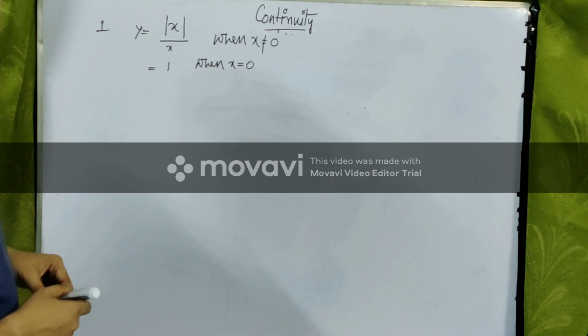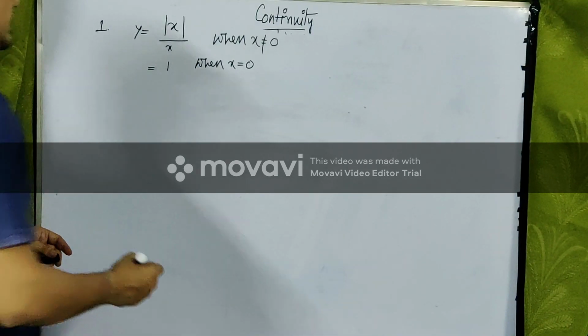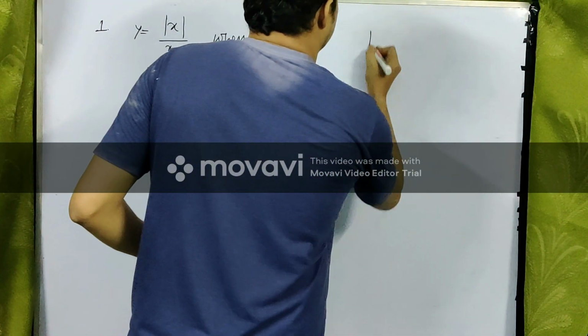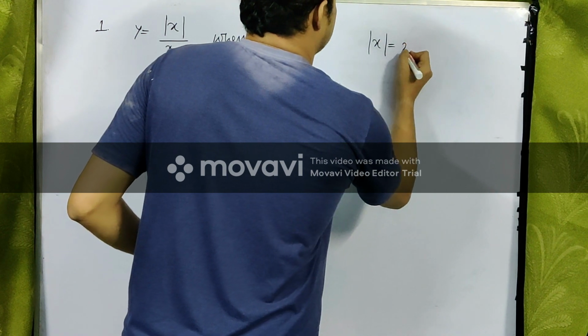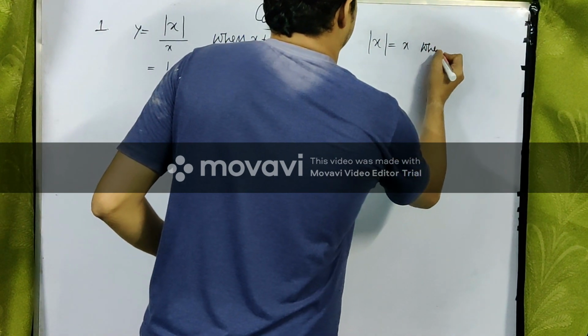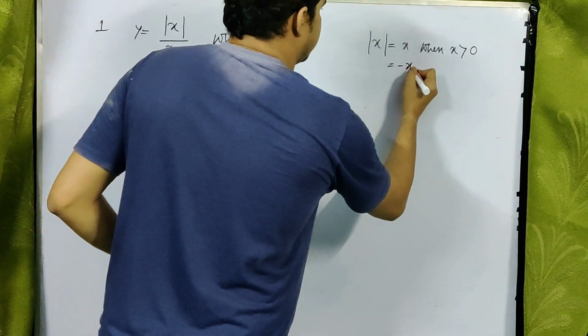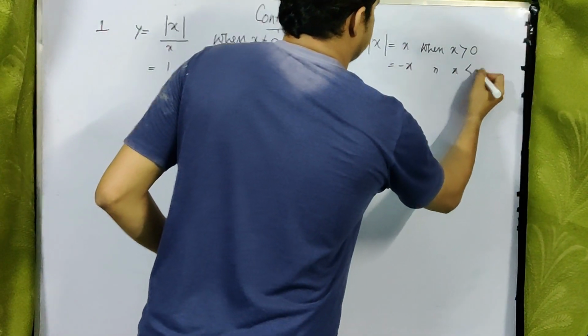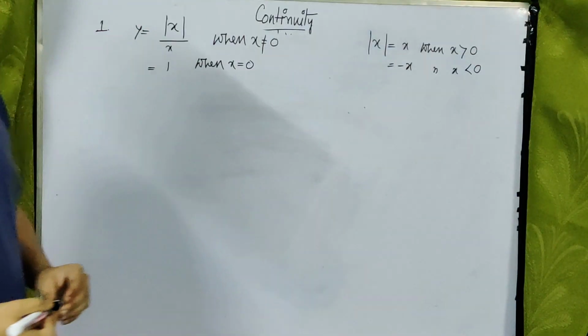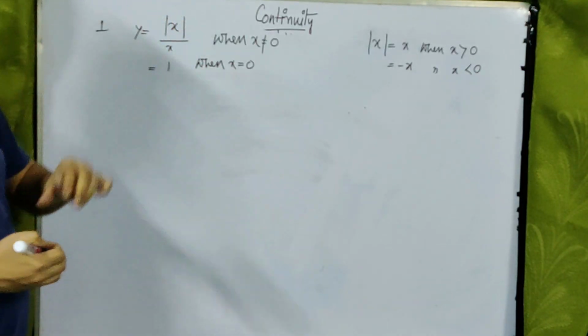See, in case of mod x, what do we know? Mod x equals x when x is greater than 0. It is equal to minus x when x is less than 0. So in this way we can redefine the function.